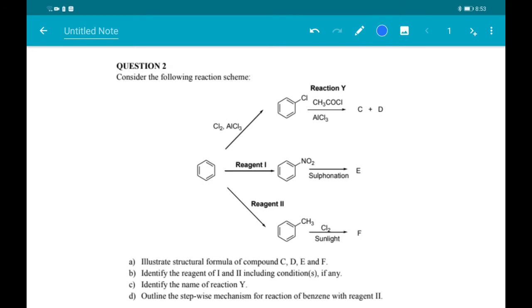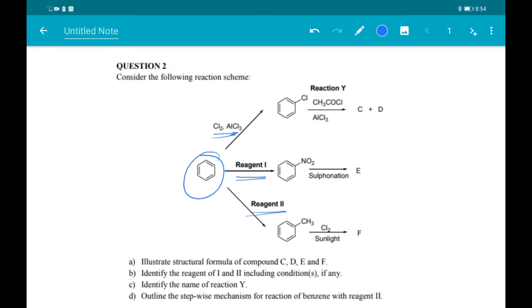For instance, we're going to start off with unsaturated benzene. Then there are three initial reactions. First, we react it with chlorine with AlCl3, then we react it with reagent 1, and then we react it with reagent 2. So these are three separate reactions.